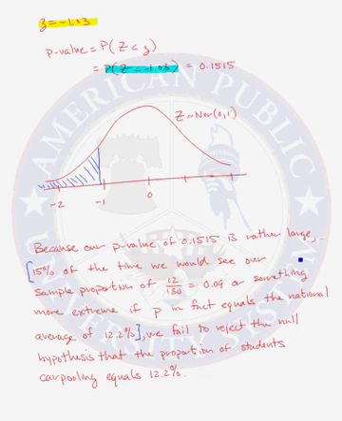It means that 15% of the time we would see our sample proportion of 9% or something more extreme if in fact the null hypothesis is true, or that the national average is 12.2%. Because we have our rather large p-value, we fail to reject the null hypothesis that the proportion of students carpooling equals 12.2%. Our test of significance is now complete.